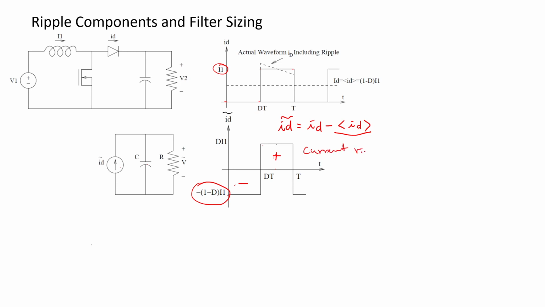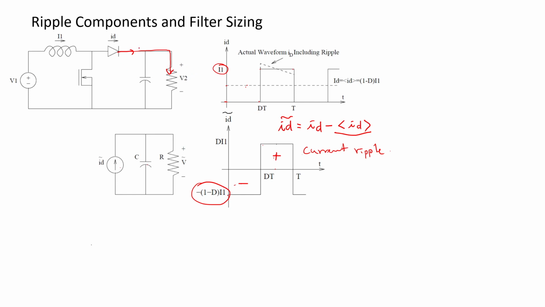Current ripple means the average value of current flows from here and is assumed to just go to this resistor.